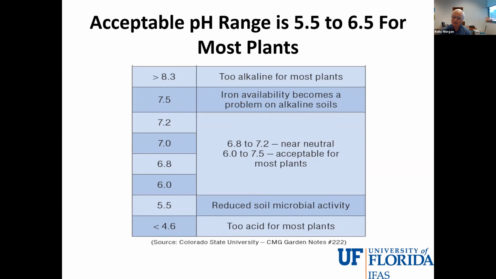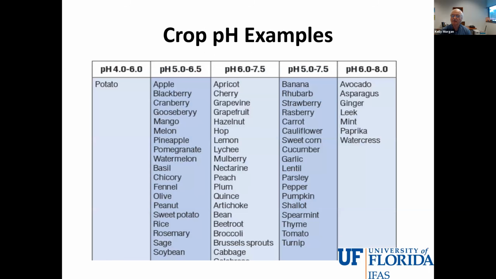As you go up in the scale to higher pH values, it becomes alkaline, and the same is true, but in a much different way. So we'll explore all of these things going through the talk today.